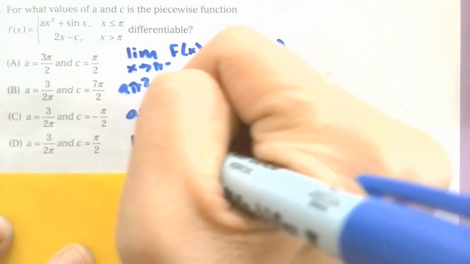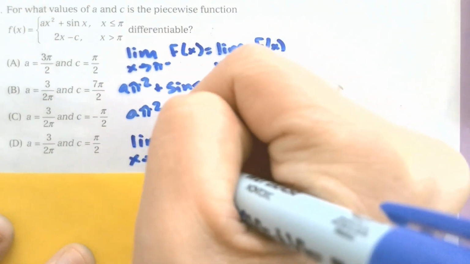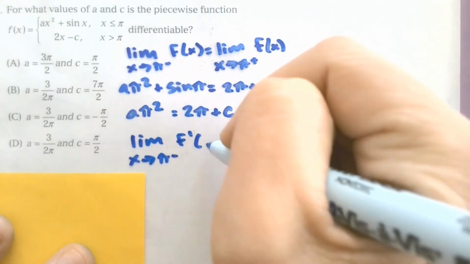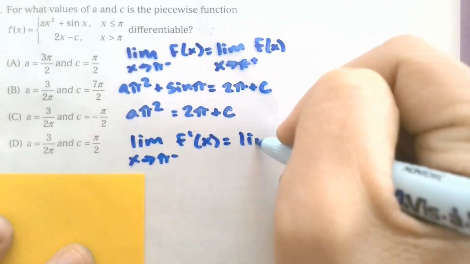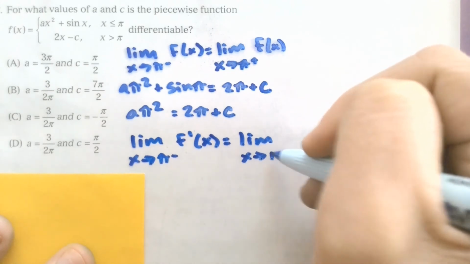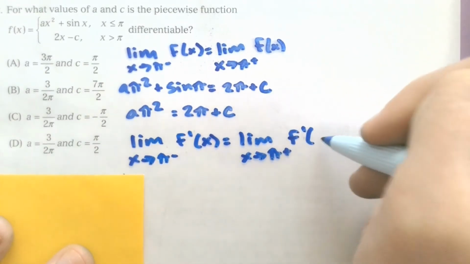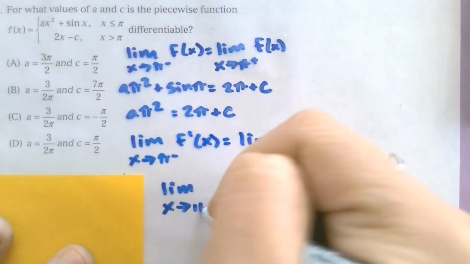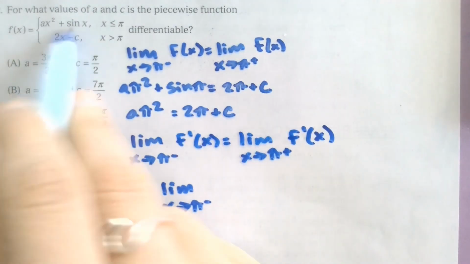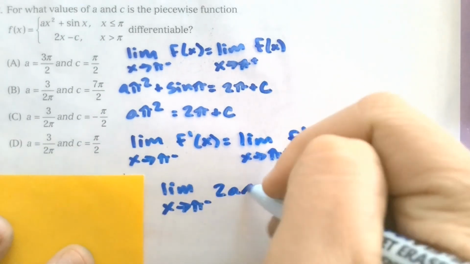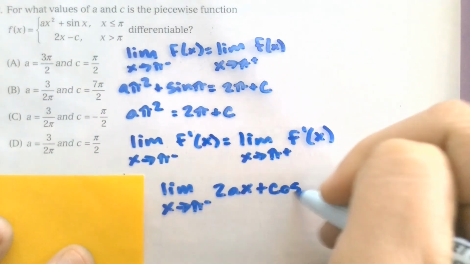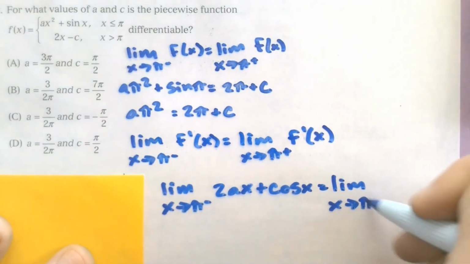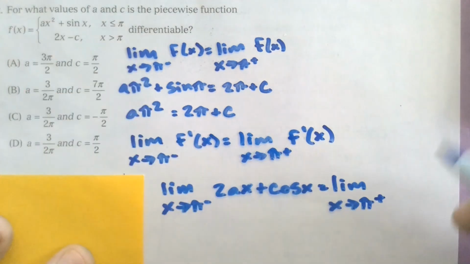Moving on to the piece that is specific to differentiability, I still want to be looking at the limit from the left and the right of pi, but we're talking about f prime now. So that means that I need to find the derivative of each piece of this piecewise function. So my piece on the left, when I take the derivative, I'll end up with 2ax plus cosine x. And then my derivative for the piece on the right is just 2.